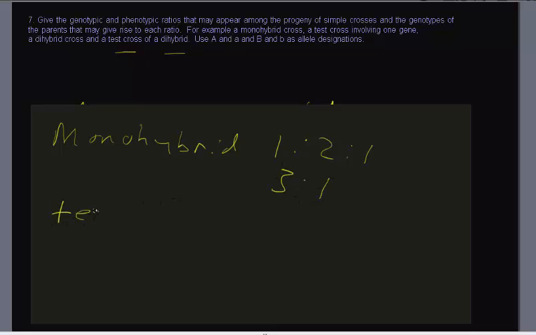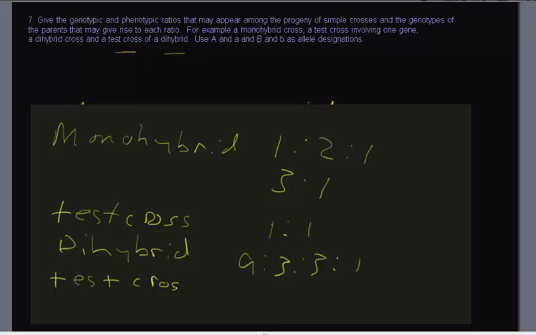Test cross with one gene, 1 to 1. Dihybrid, 9 to 3 to 3 to 1. Test cross, 1 to 1 to 1 to 1. So these guys are important.